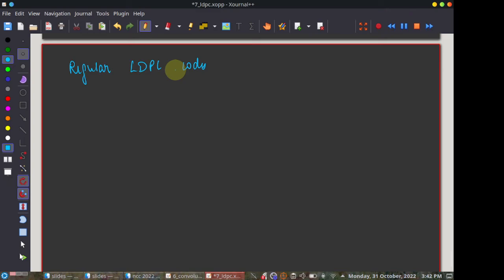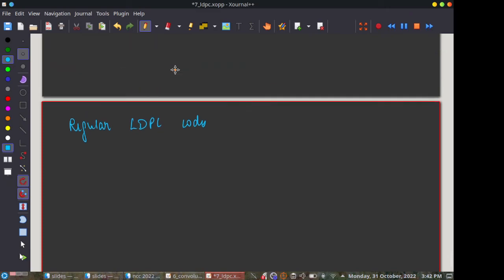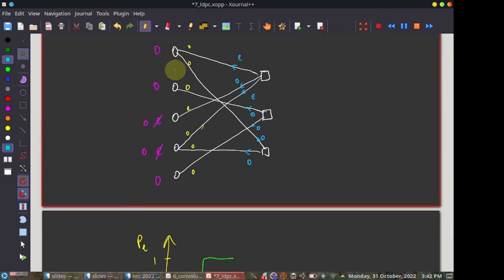So the algorithm that I just specified holds for any linear code. Do you agree? You just have to send messages from variable nodes to check nodes and check nodes to variable nodes. And I can do that for any given linear code. But the GDL, or the generalized distributive law, guarantees that this is equivalent to ML decoding only if the corresponding factor graph is a tree.